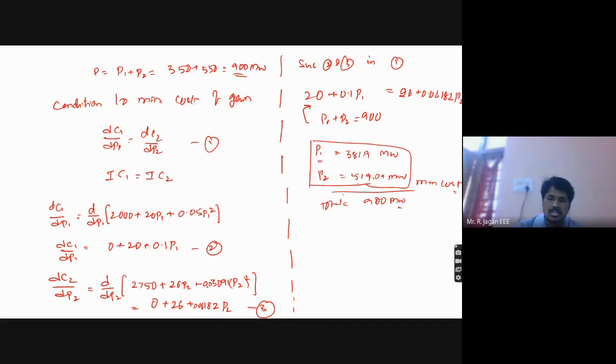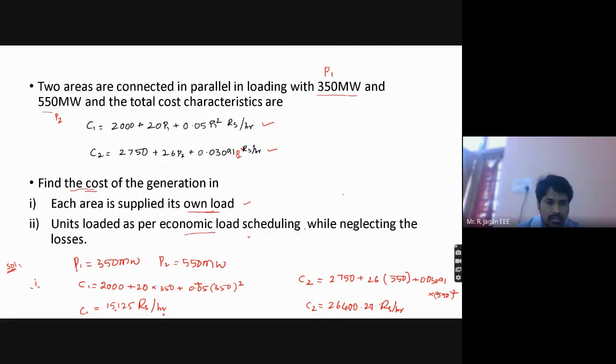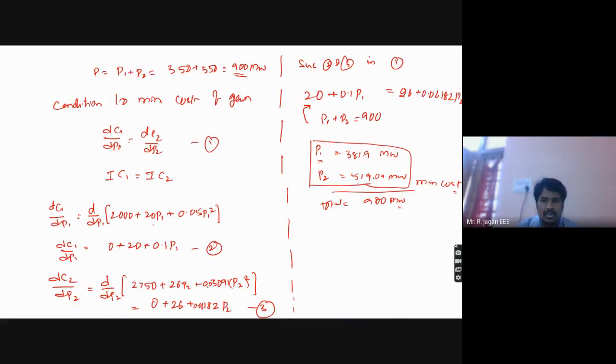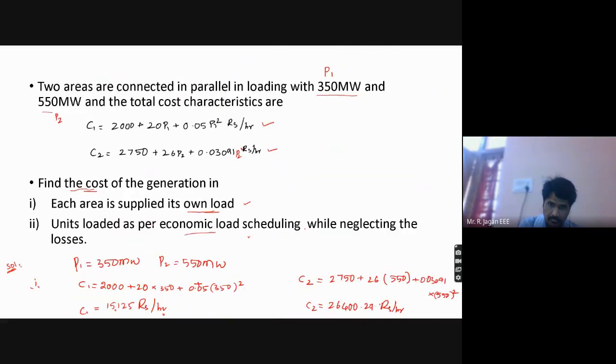Now the question is to find the units loaded as per economic load scheduling and find the cost of generation. We have P1 and P2 values after economic load scheduling. Substitute in the C1 and C2 characteristics and give the values of C1 and C2.